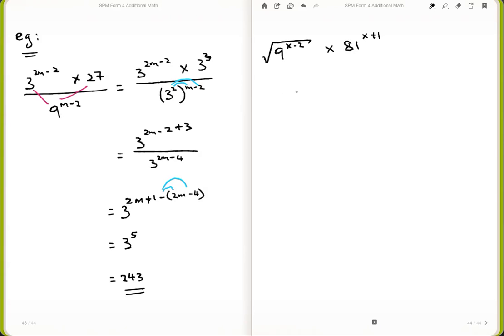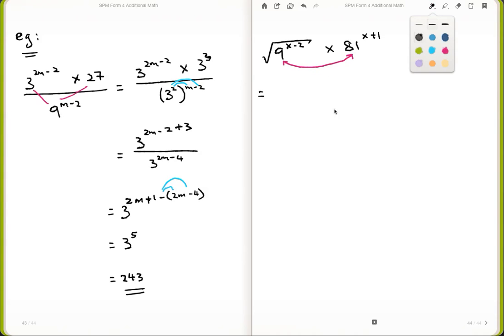Again, first line, you can use what you have learned in the previous page. You need to first simplify. First line is to simplify these two numbers, 9 and 81. Common factor is 3. So you simplify these numbers and look for what we have in common. They are related by 3.